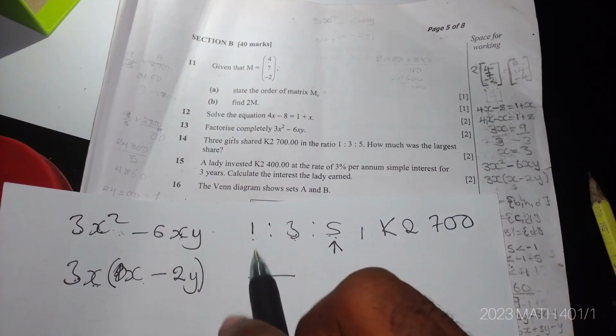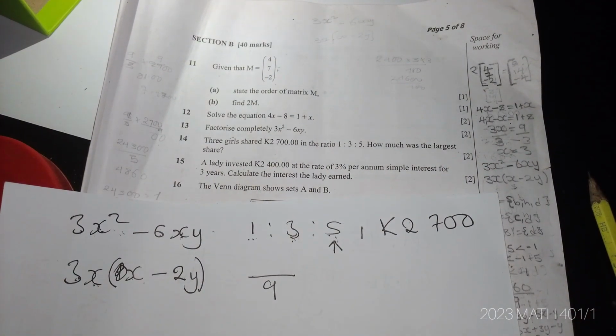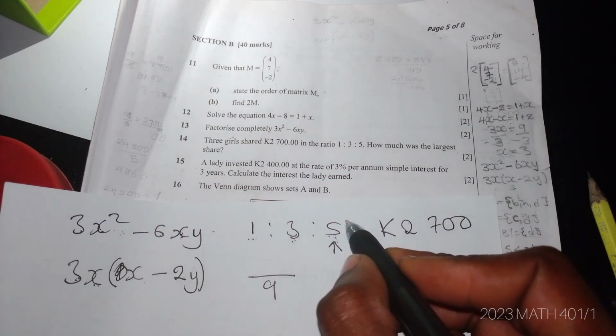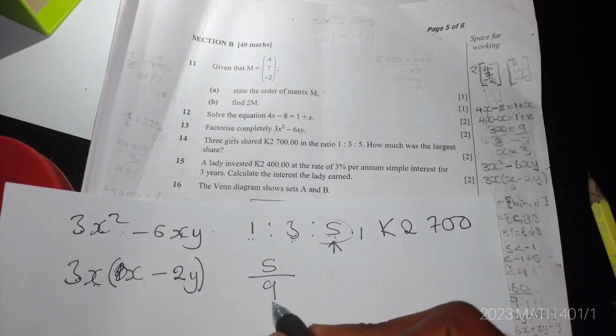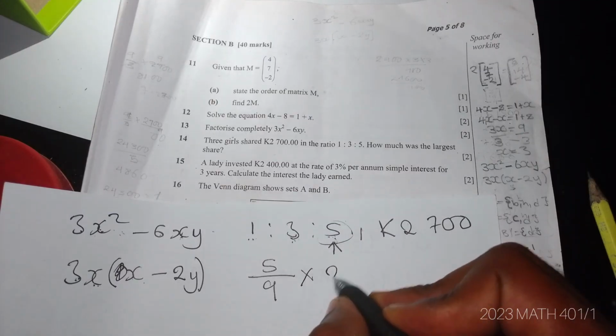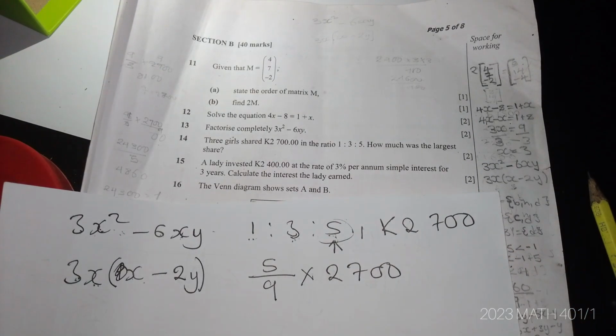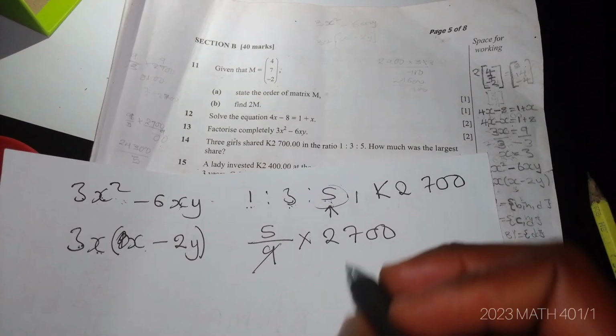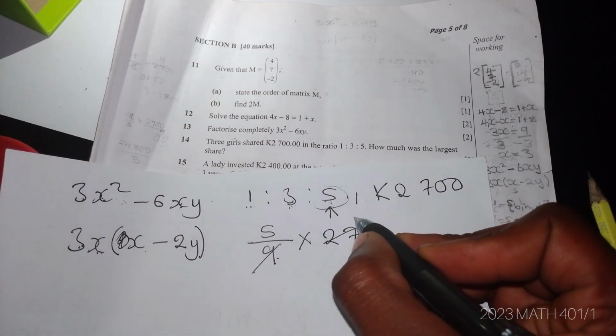So you don't need to find this, and then pick the largest digit. Just go ahead and find this, or the share for this guy. So that would be 5 of 9 multiplied by 2700. So to solve this, you can say 9 into 9, that's a 1, and then 9 into 27, this will be a 3.